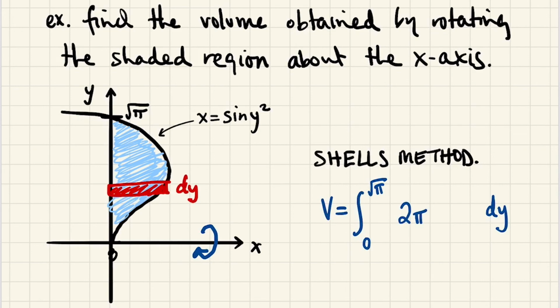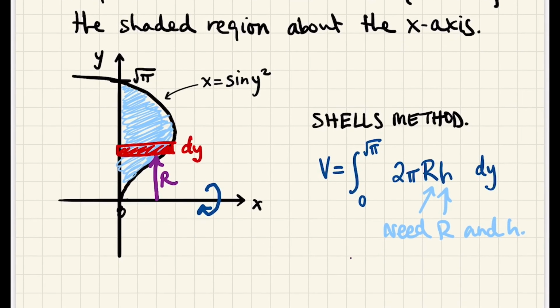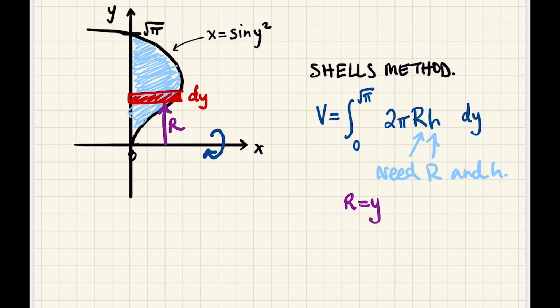And the formula here is 2 pi r h. So we just need r and h. Okay, well, our r is the radius of the rotation. It always reads outward from the axis of rotation toward the rectangle. So there's our r. And we can see here that r is equal to y.